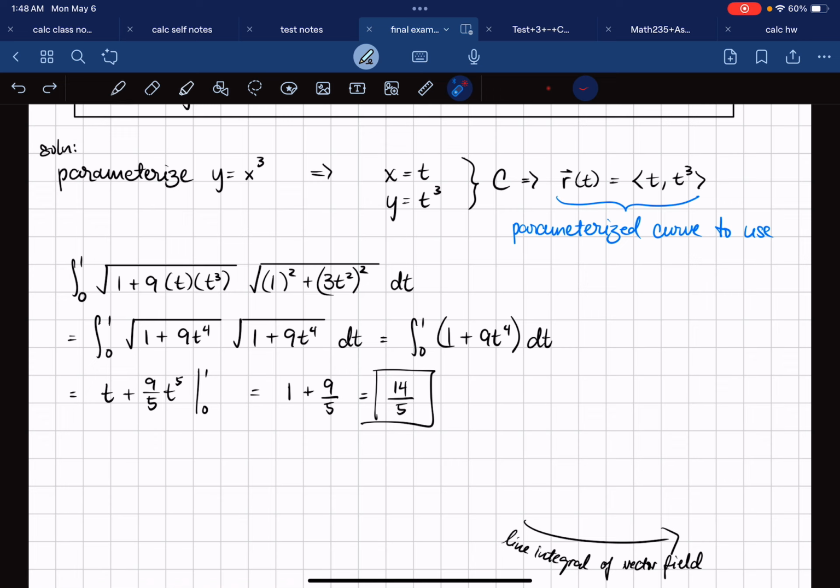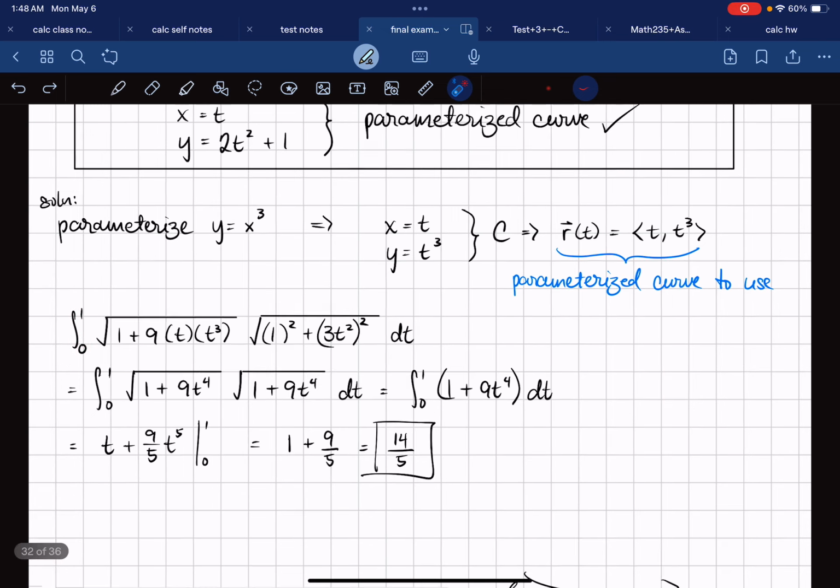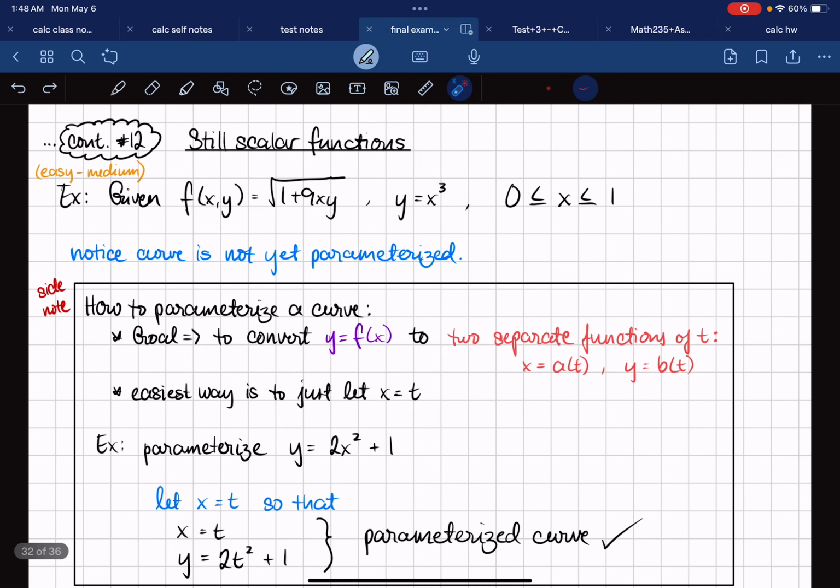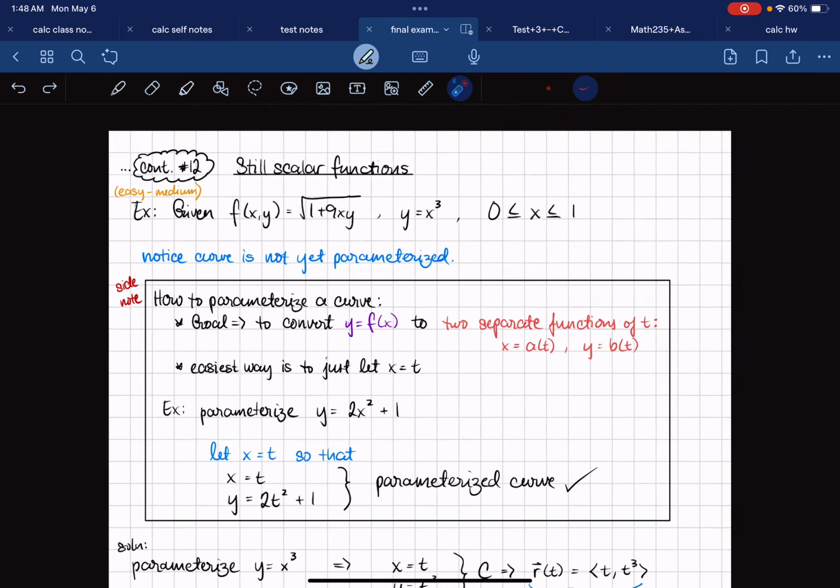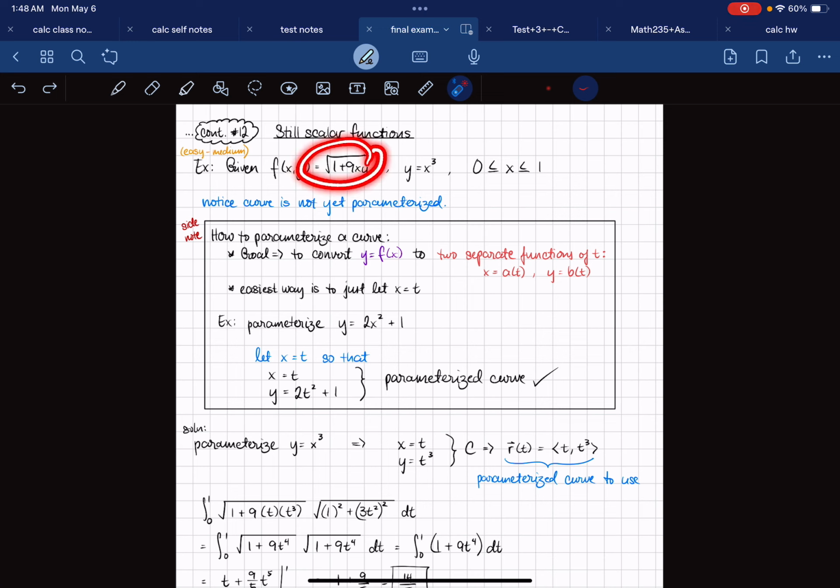And again, I rewrite my integral. I start writing my integral from 0 to 1, and then I substitute as usual. And I'm sorry, I should have rewritten this here, but I basically use that and just substitute it into there.